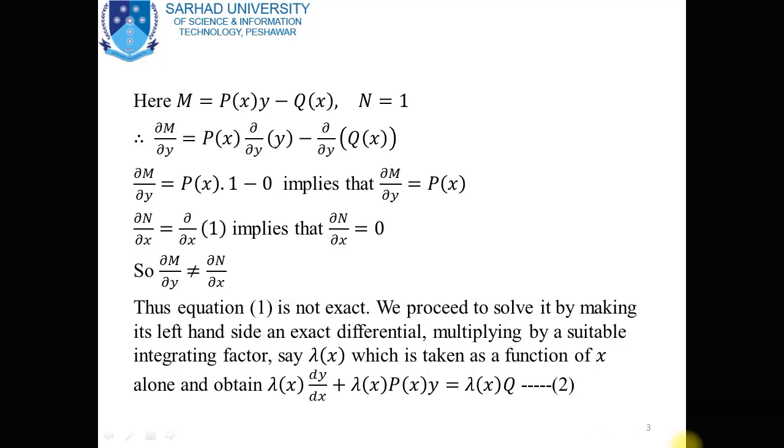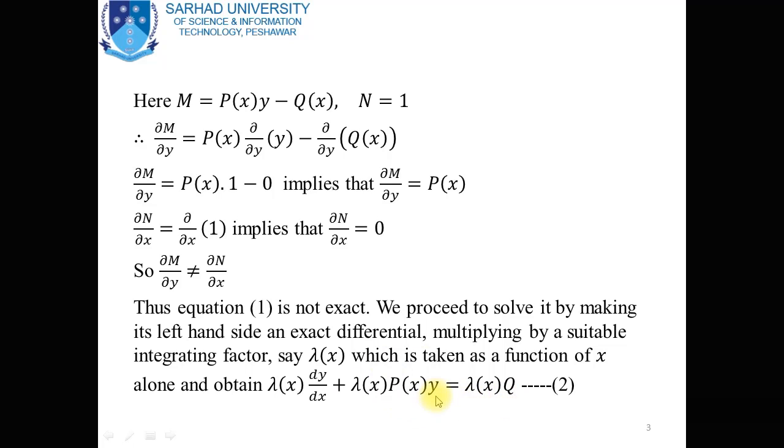We proceed to solve it by making its left hand side an exact differential, multiplying by a suitable integrating factor, say lambda of x, which is taken as a function of x alone, and obtain lambda(x) dy/dx + lambda(x)P(x)y = lambda(x)Q(x).